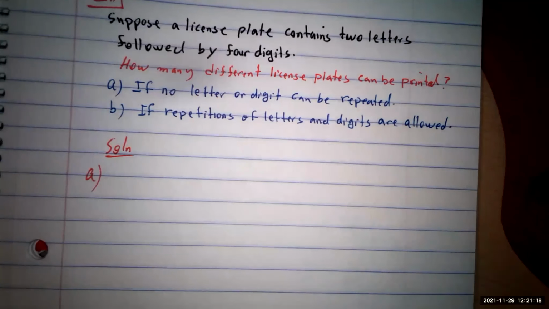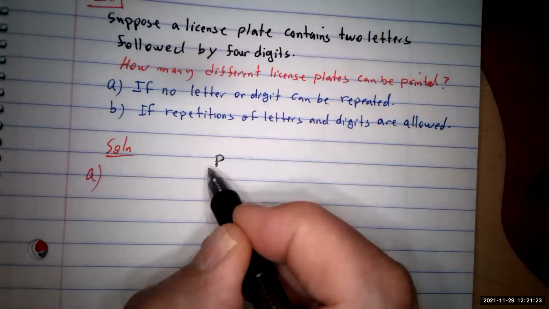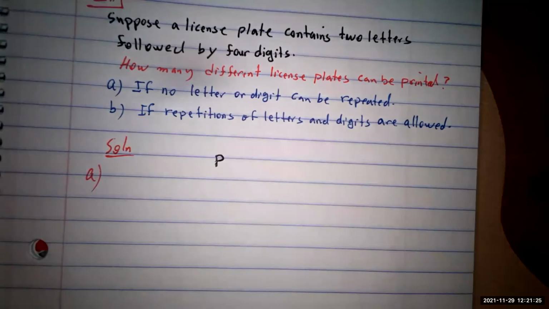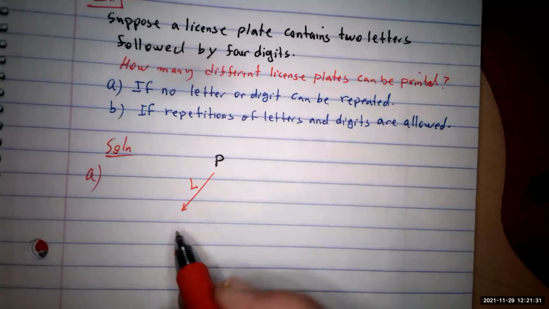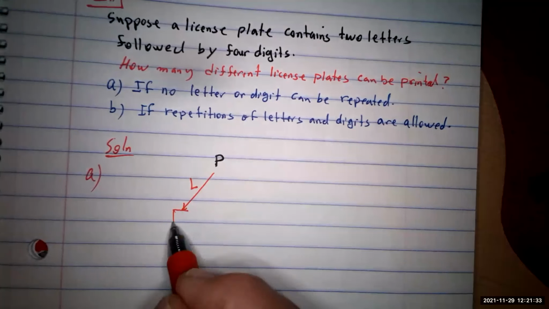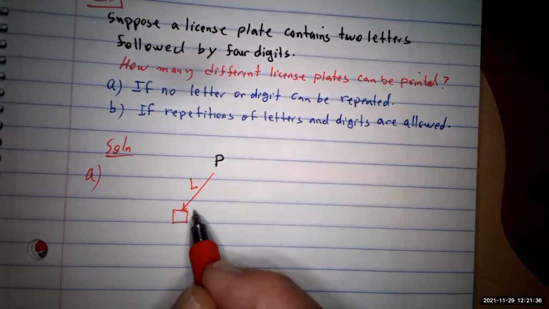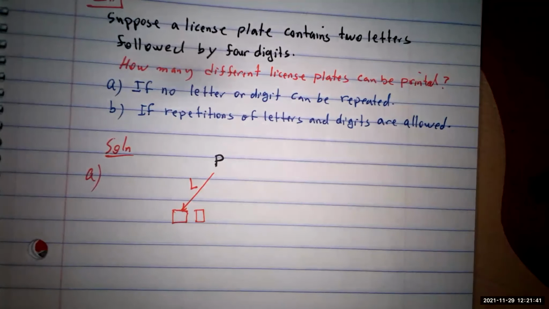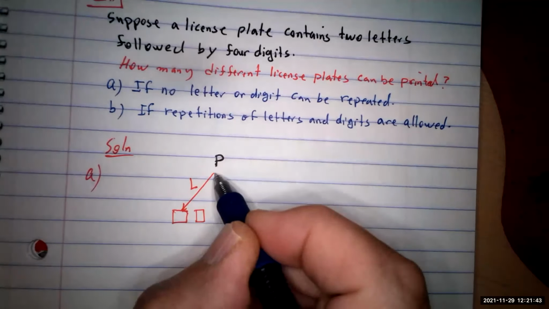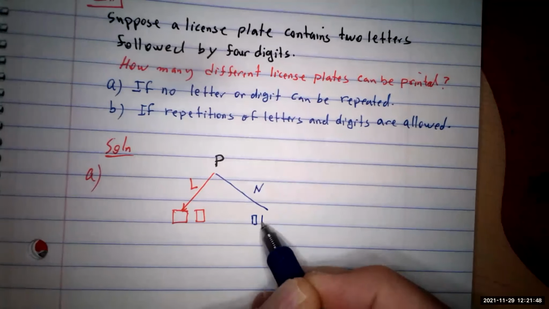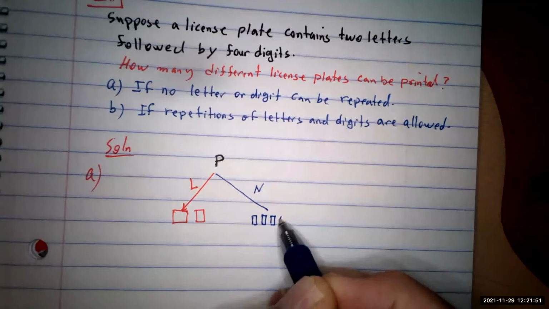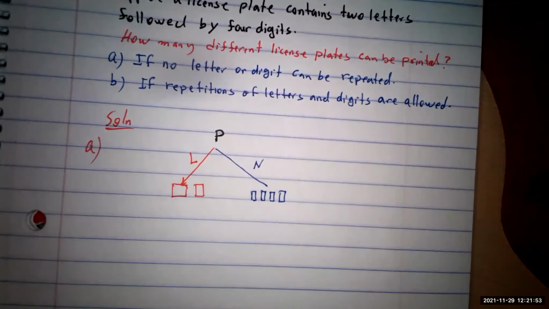Let's see how we're going to make a license plate. Your license plate needs some letters, you have 2 letters, 1 and 2, and it is followed by 4 numbers, 1, 2, 3, 4. So this is going to be your license plate.